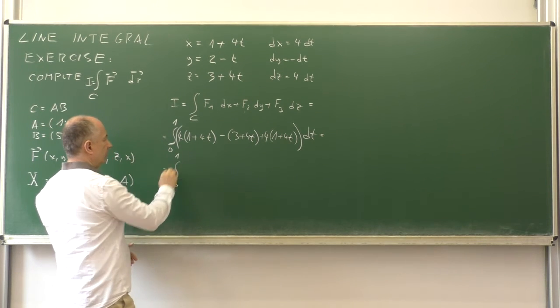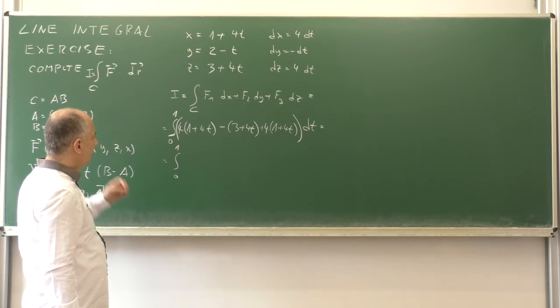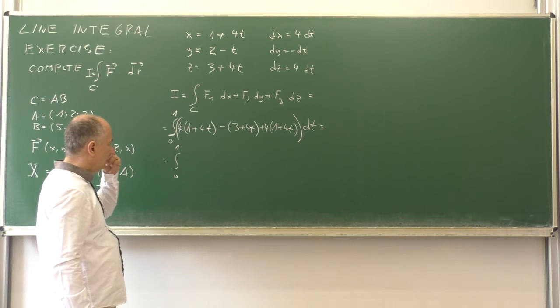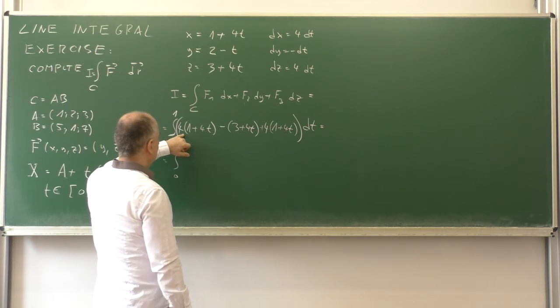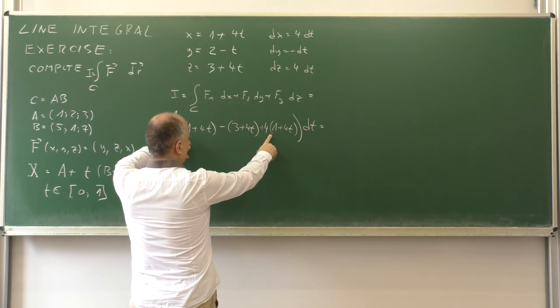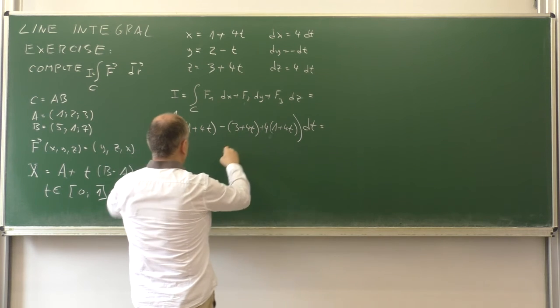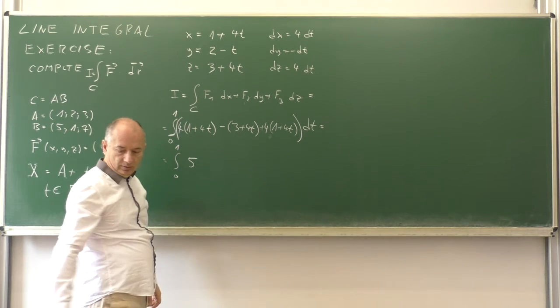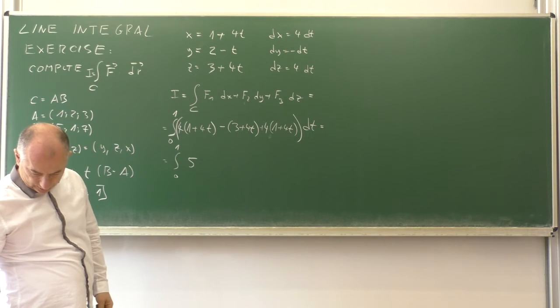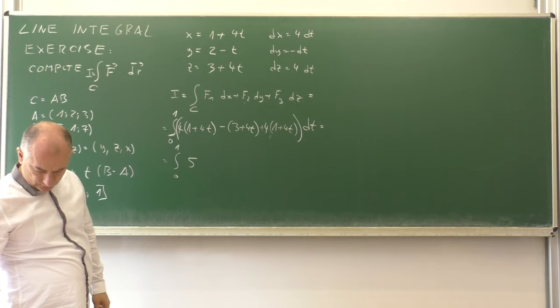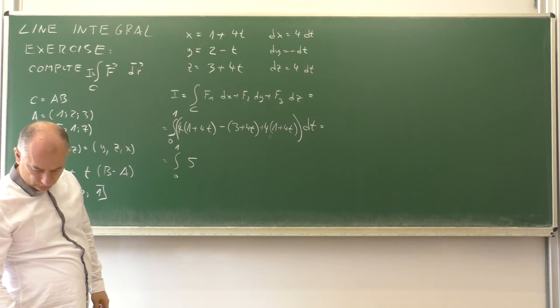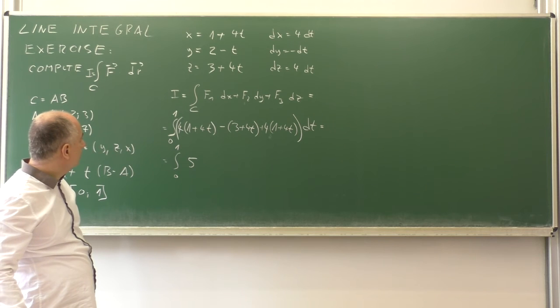And this is integral from 0 to 1, and we can simplify this a little. We have 4 plus 4 is 8, minus 3 is 5. Let me check.